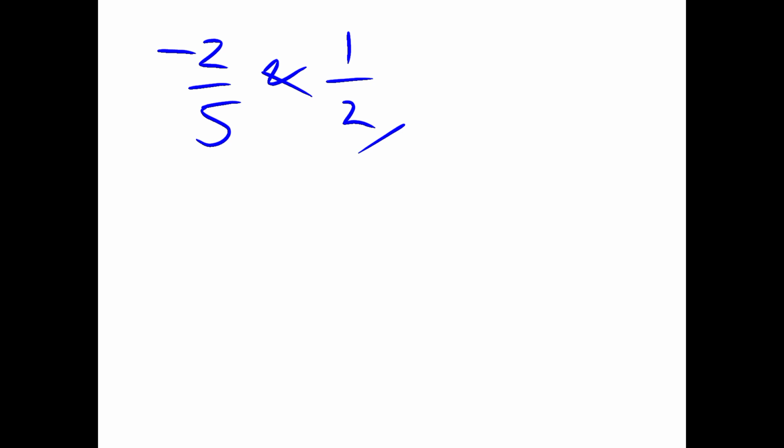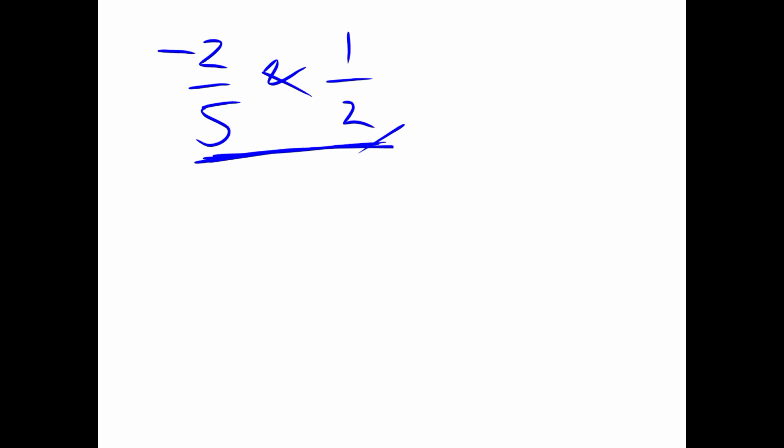First thing about these rational numbers is that their denominators are not the same. The denominator of this rational number is 5 and the denominator of this one is 2. So first of all, we have to make their denominators the same, which we can do by calculating the LCM of the denominators.